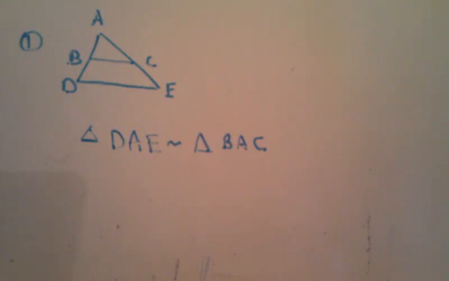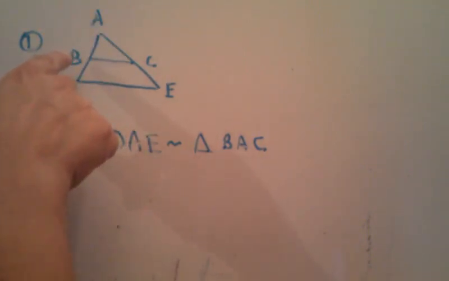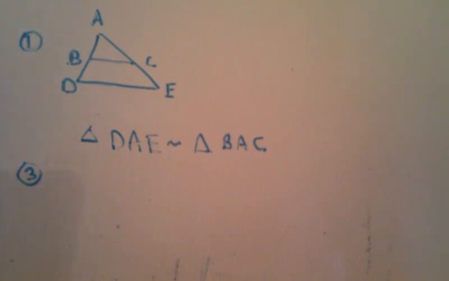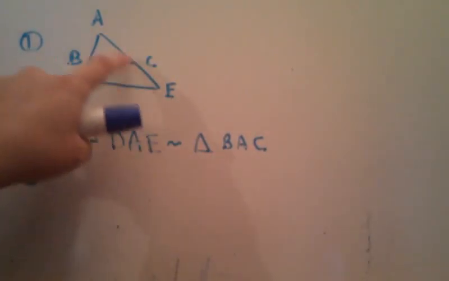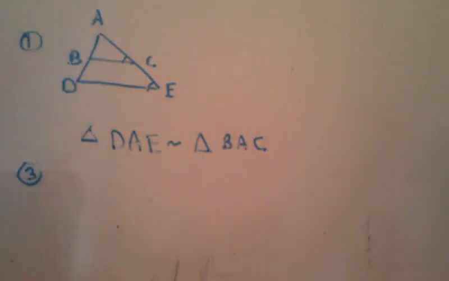Okay. Number 3. Using the same diagram, if angle BAC is equal to angle E, okay, where am I at? Okay, BCA. So if angle C is equal to angle E, we're going to say that these two angles are equal.